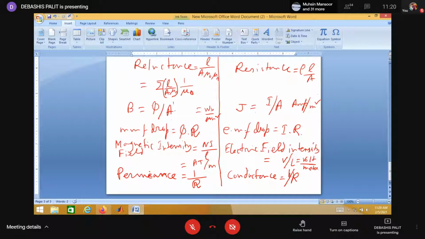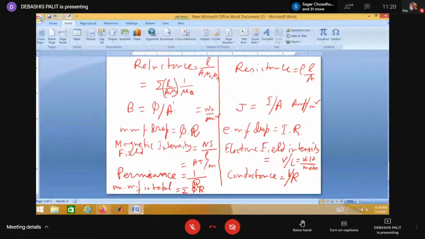If there are multiple paths and flux is flowing through different paths having different reluctance, then the total mmf is the summation of phi r. The flux is the same through the total magnetic path, but the reluctance varies.